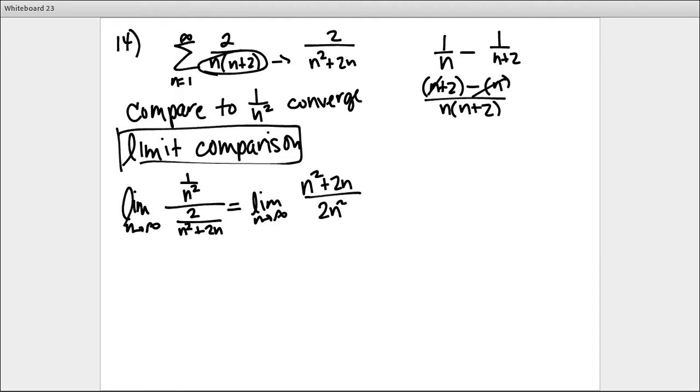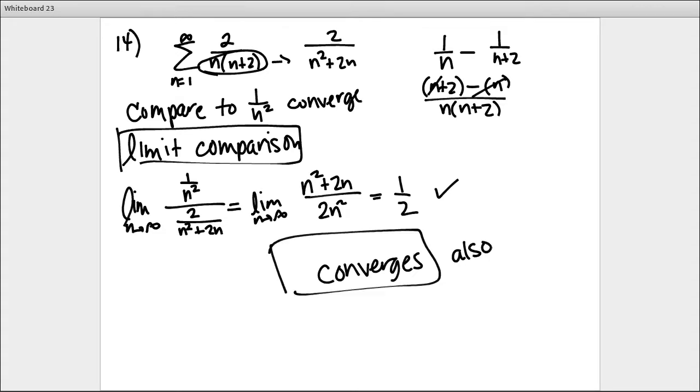And now you've got the degree on top the same as the degree on the bottom, and so the limit as n goes to infinity is the ratio of leading coefficients, which is 1/2, and that is a finite number, and so that means that this one converges also. So limit comparison is what I used on there. Could have done telescoping, but I would have had to do partial fraction decomposition first.